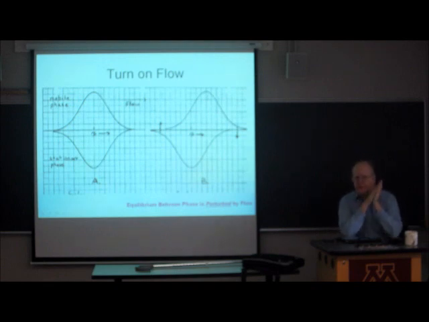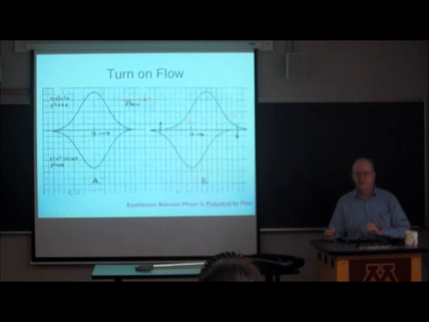It hasn't been given enough time to get to equilibrium. This entire mobile phase distribution has been shoved down the column a bit. The flow pushes it down the column. So this has been displaced in the x direction. And the distribution in the stationary phase is going to lag behind the distribution in the mobile phase.